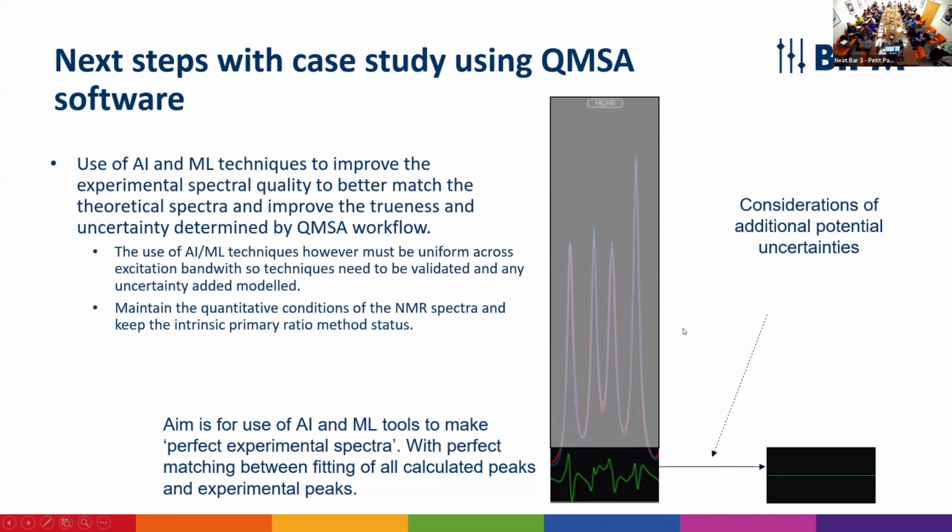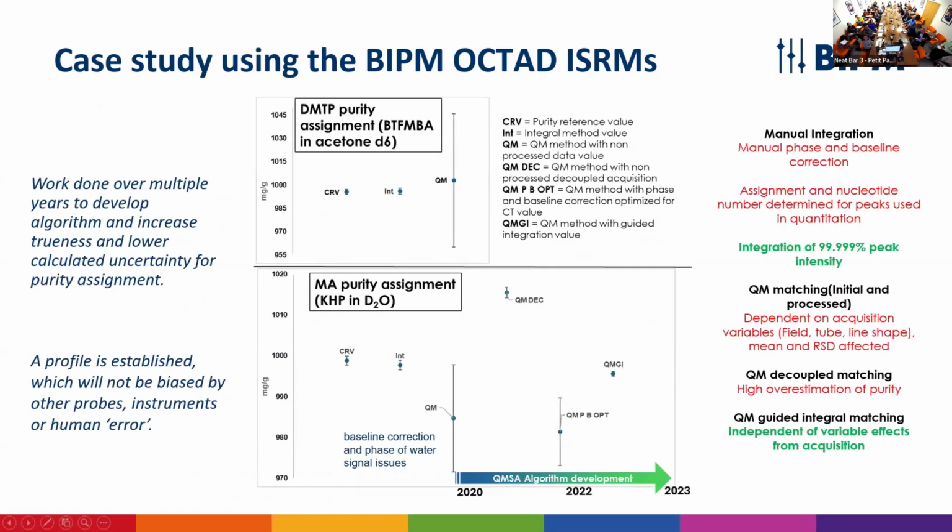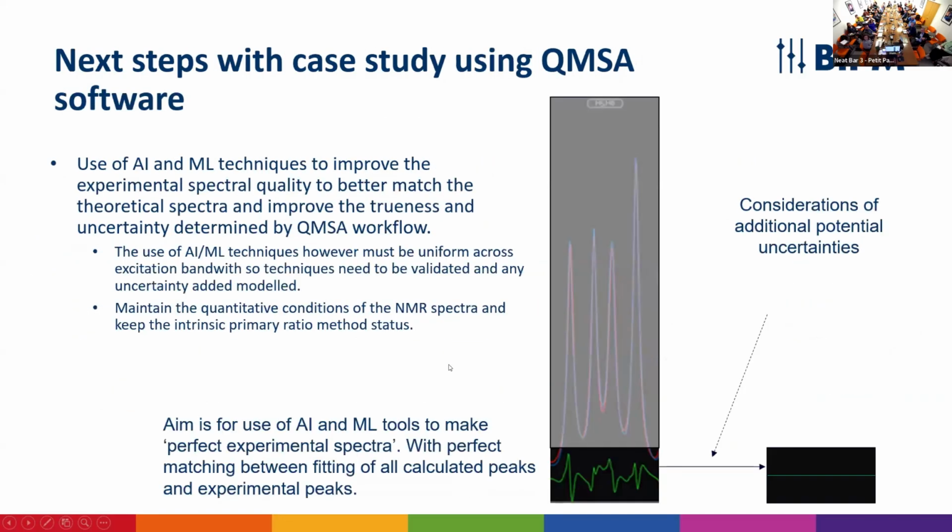So the matching is then perfect, which would put this value, without the need for augmented algorithms, at this value here. So you could almost use the initial starting point, and that would give you much closer and much lower uncertainties in this system already.